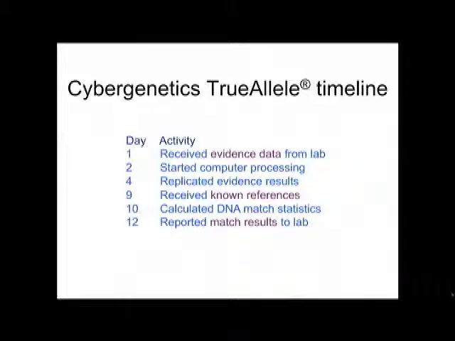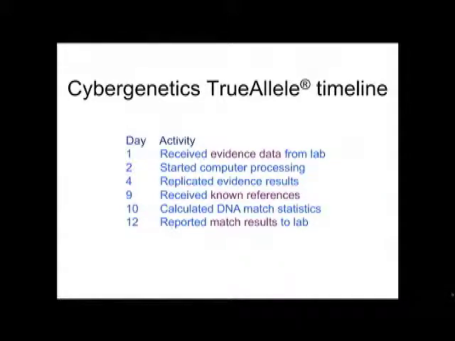So TrueAllele was used by Cybergenetics in this timeline. On the first day, we received the evidence data from the 5 crime scenes from the Kern County Laboratory. The next day, we began TrueAllele computer processing. After the first round of results were completed, we then replicated these results to report a result in any sort of DNA match report. We always run the computer at least twice so that we know that the process is working and the results are reproducible.